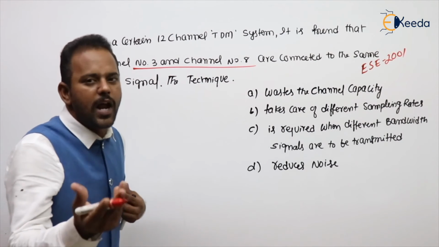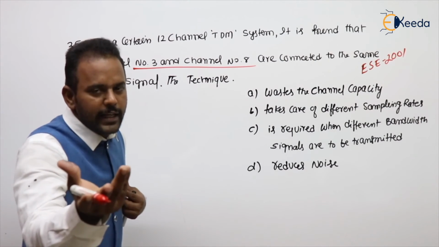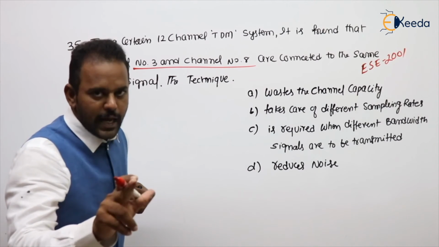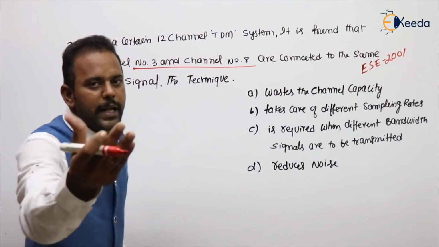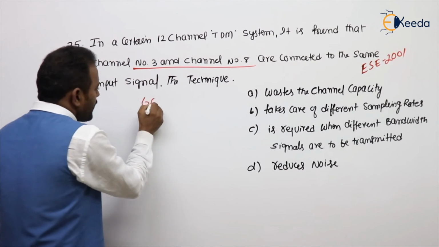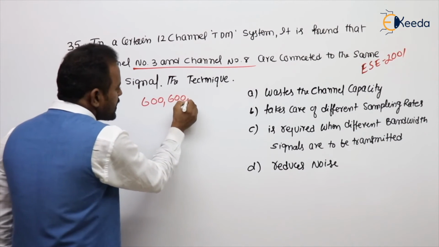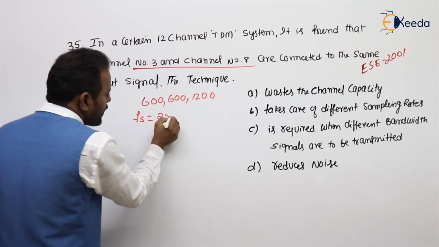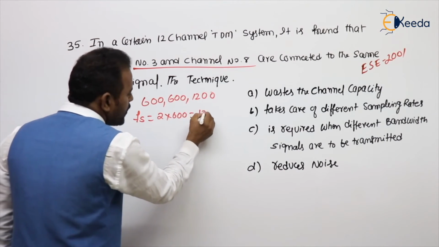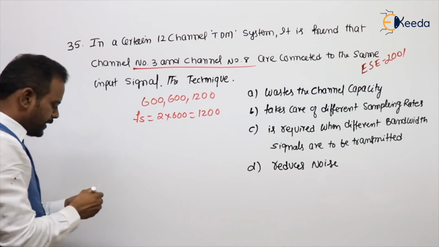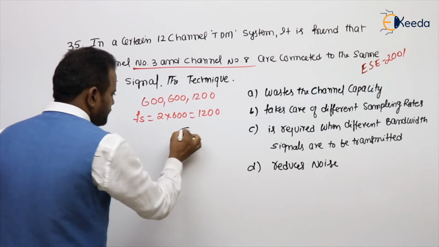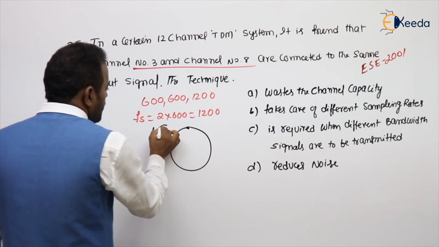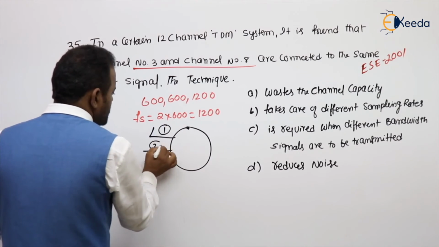When you see this type of situation, where the same input is connected to two channels, that means two slots. In TDM, whenever we take the sampling rate reference as the minimum one, for example 600, 600, 1200, I take the sampling rate reference as the minimum value, that is 1200. Then for the first one, 1200 is sufficient, the second one also sufficient.